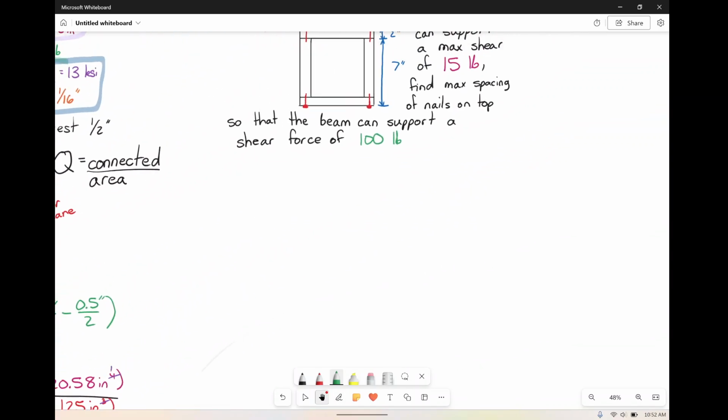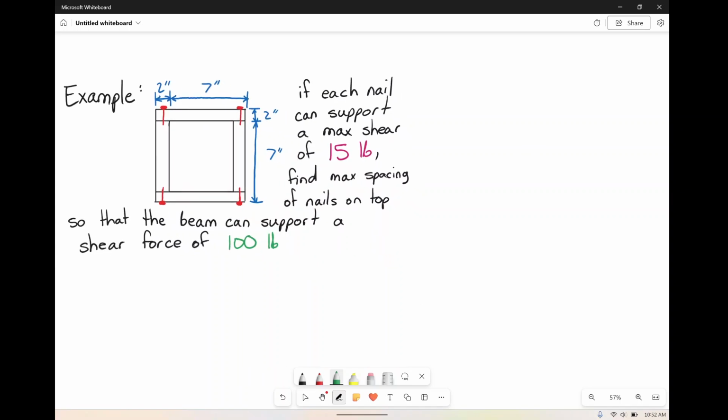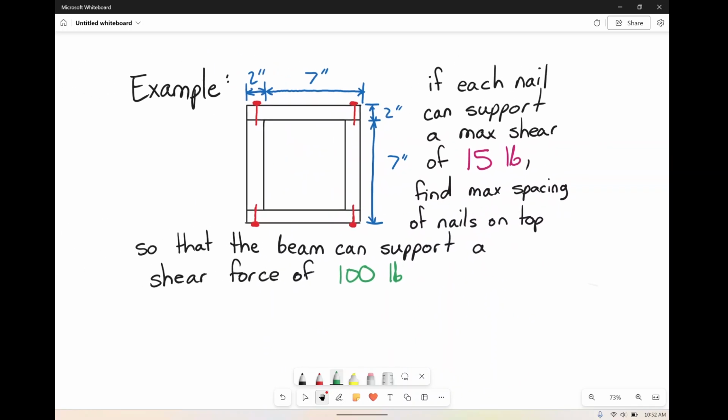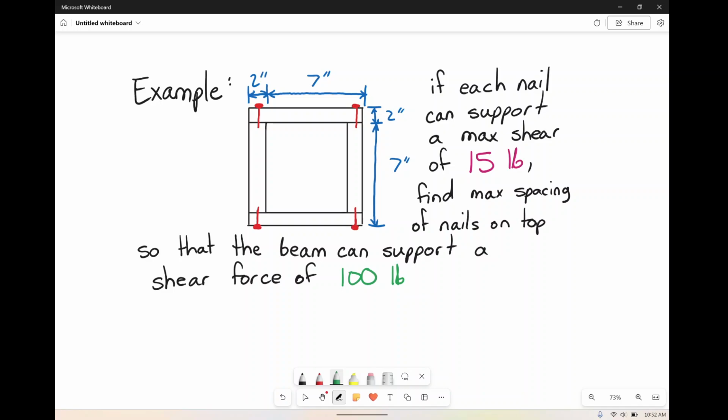Let's do one more. So this time we have 2 nails across the top. We have a wonderful little box here. It's a built-up box, and it's 2 inches tall for each one of these things, and a total length of 9 across it. So, 2 minus 9 is 7.